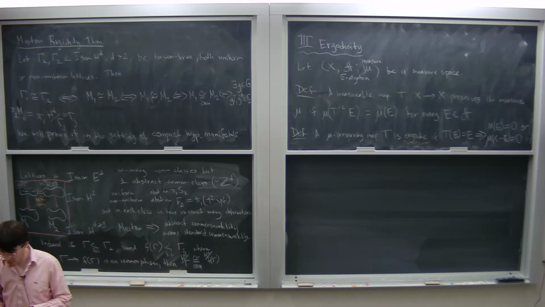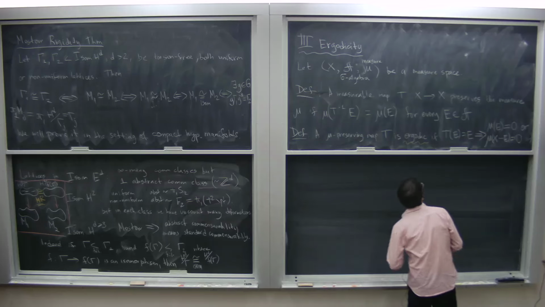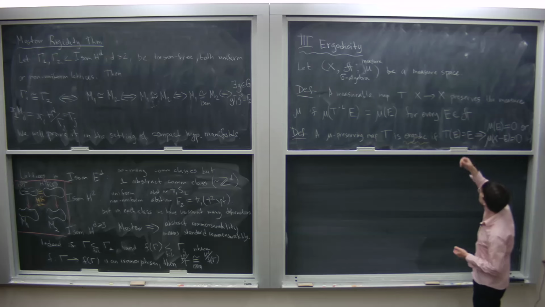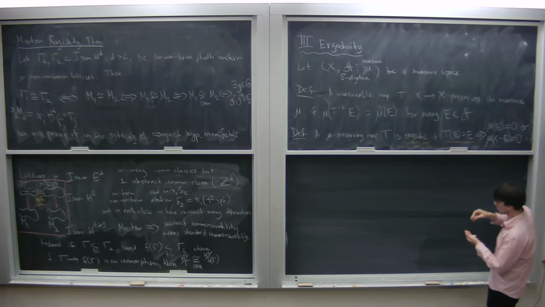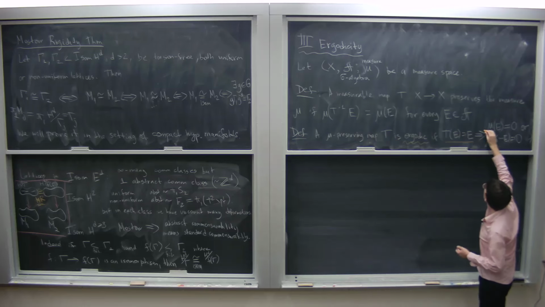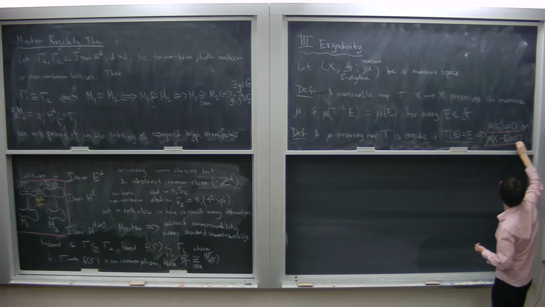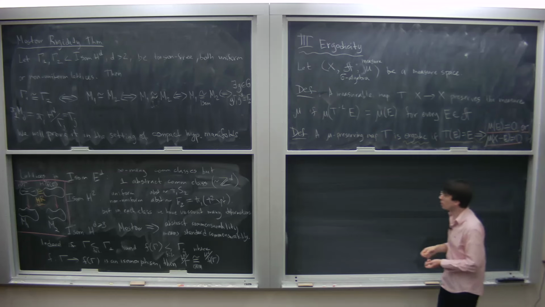I think I will just state one nice reformulation for ergodicity, probably in terms of invariant functions, and I think this is going to be enough. Again, it's ergodic if this implies that either we have this or this, yeah?